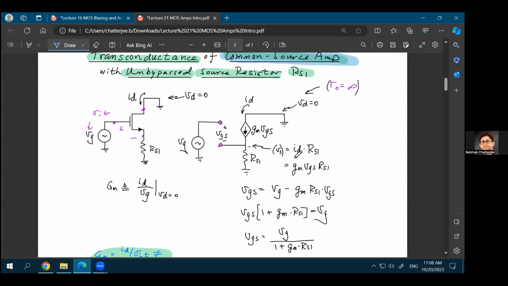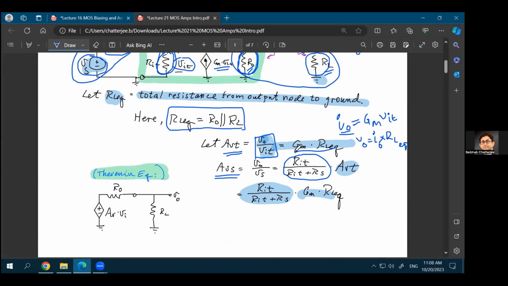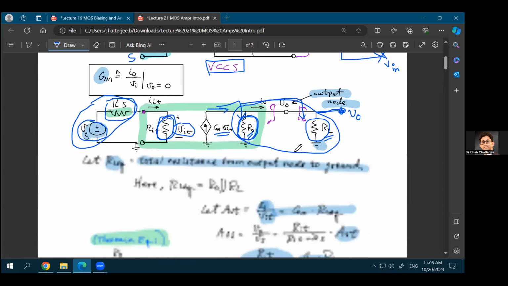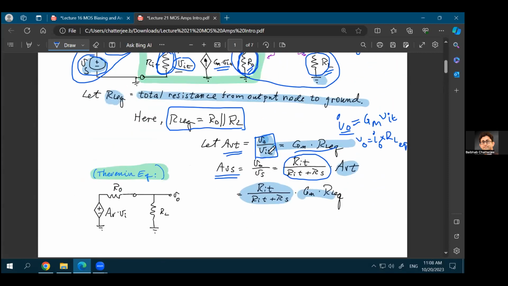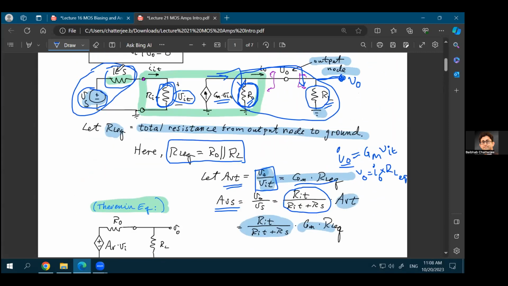Okay, now, this is basically telling you that let's say if you had an ideal voltage source which has RS equal to 0, in that case, this term RIT divided by RIT plus RS will be equal to 1 because RS is equal to 0, so you can neglect this RS. Then it will be RIT divided by RIT, which is equal to 1, right?